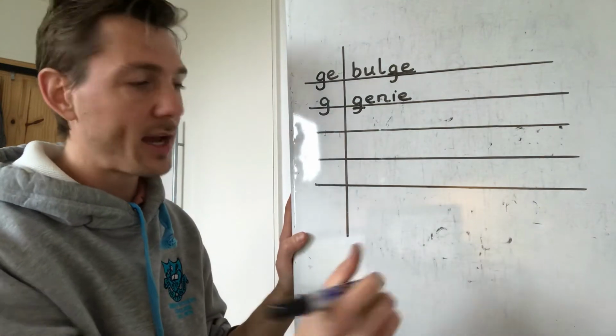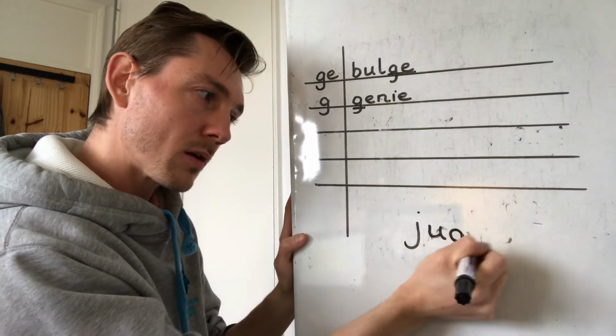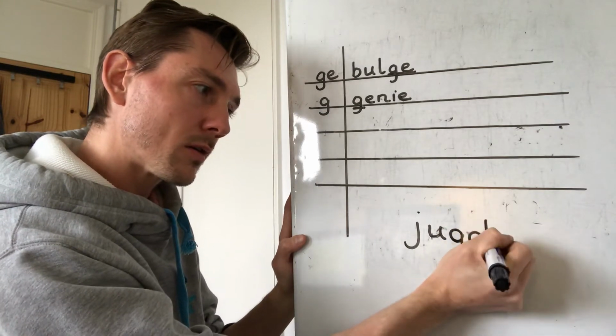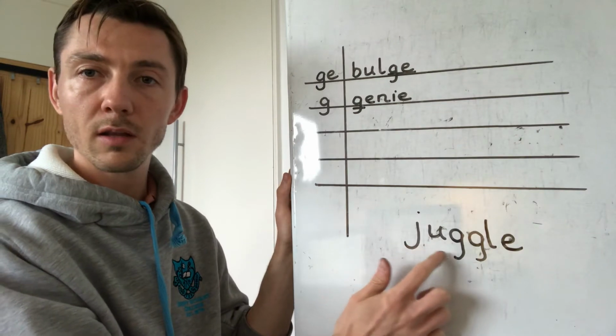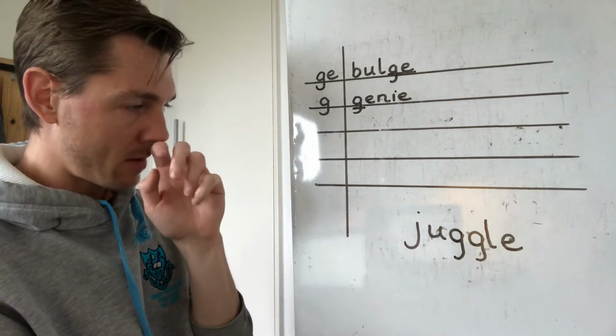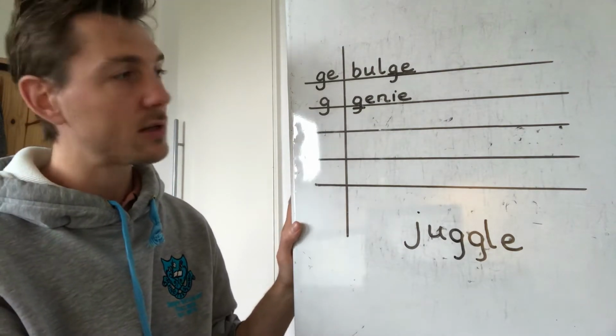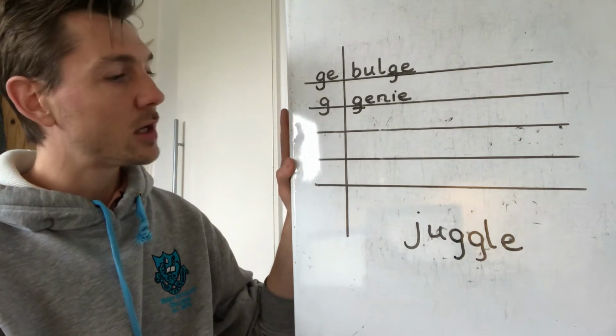And next up we have, okay, 1, 2, 3. Juggle, good. Okay, so where is the j spelling in juggle? Over to you.